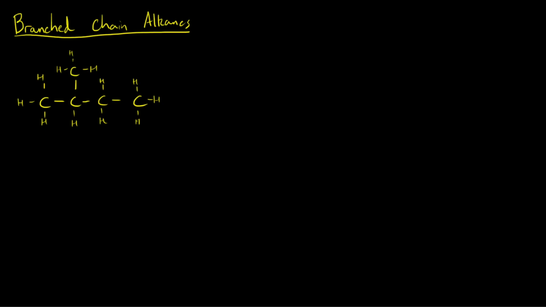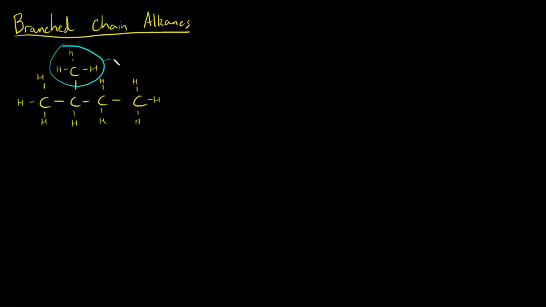So not all of the structures that we come across are going to be nice, simple, straight-chained alkanes. More often than not, they're going to be structures like this one, which is a branch-chained alkane. Now, what do we mean by a branch-chained alkane? Well, if we look at this part of the structure, we've got an extra carbon that is branching off of this main carbon chain.